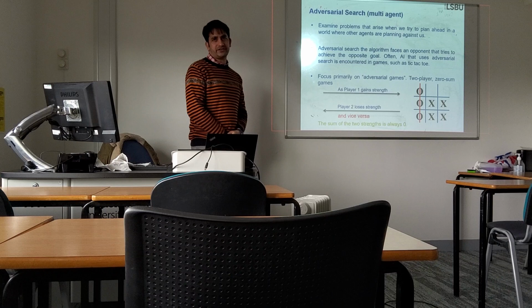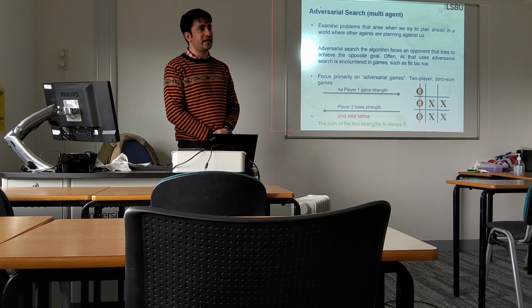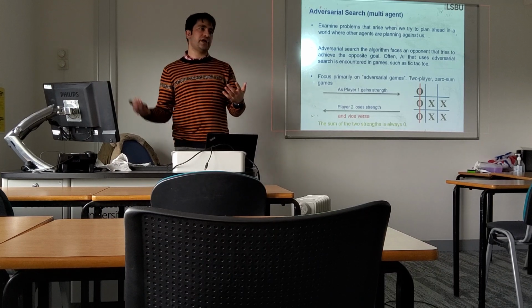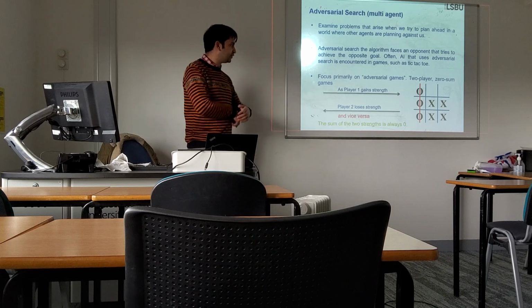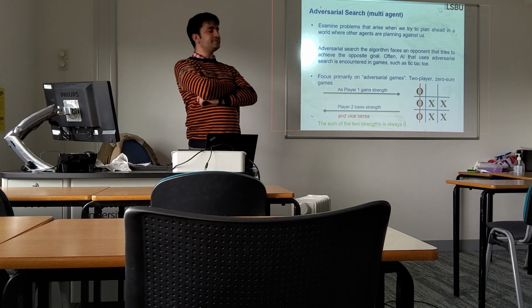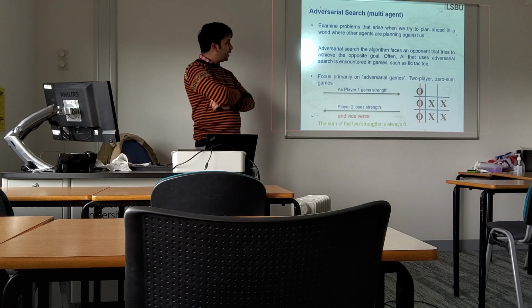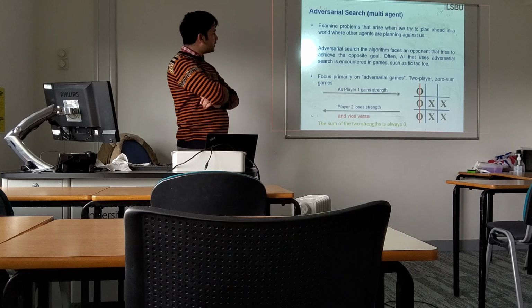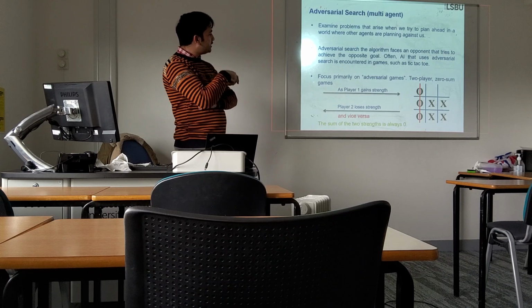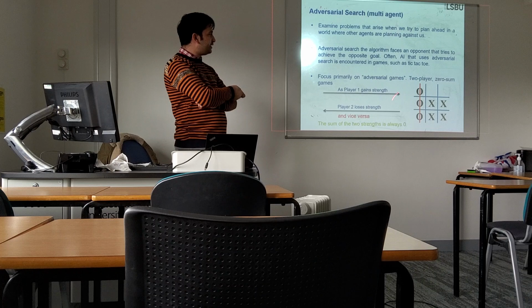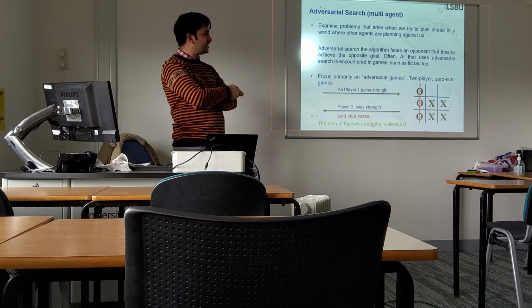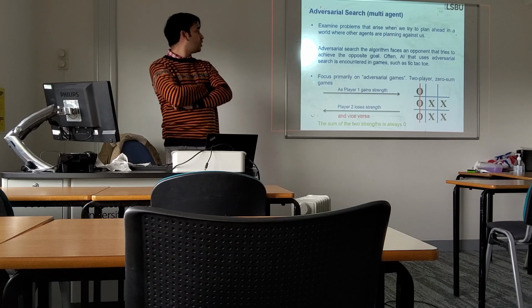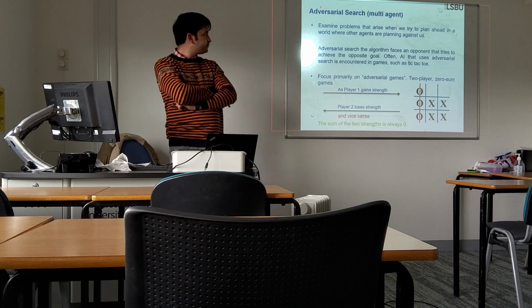But the sum of the 2 strengths is always 0. It makes sense: if one is pushing in one direction and the other in the opposite direction, the sum of the strength will be 0. That's why this 2-player game is also called a zero-sum game.